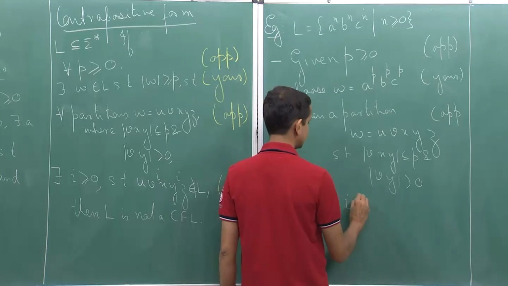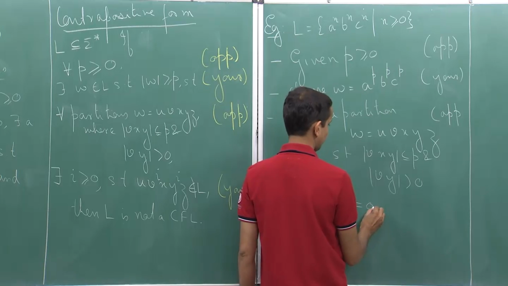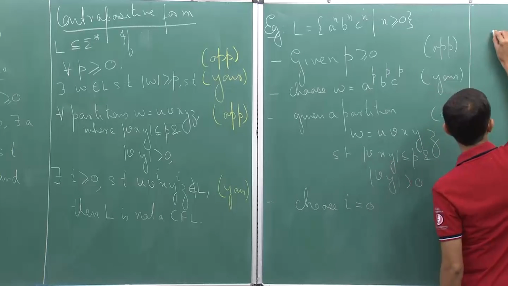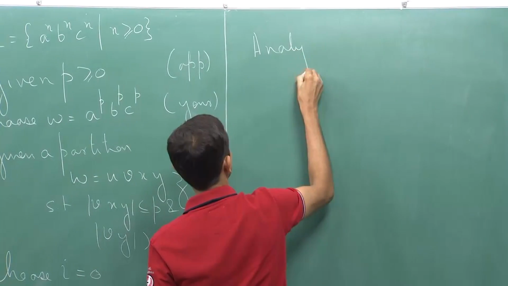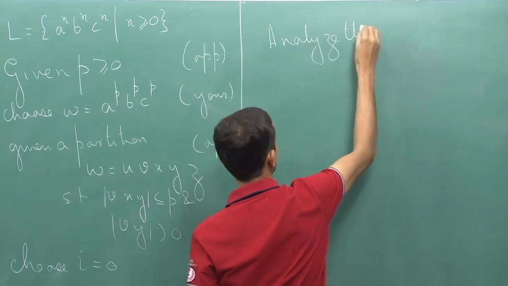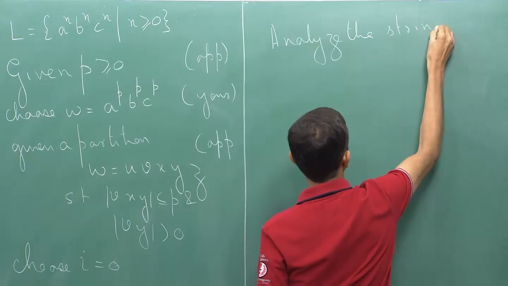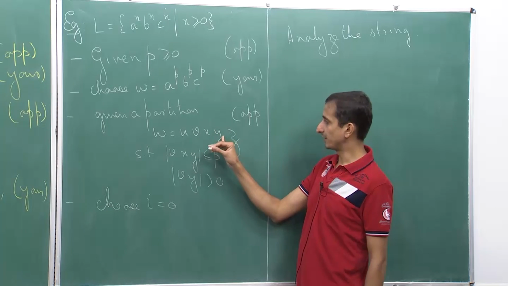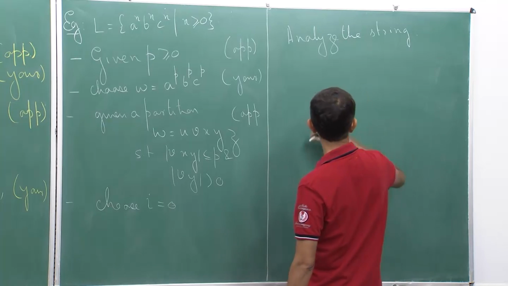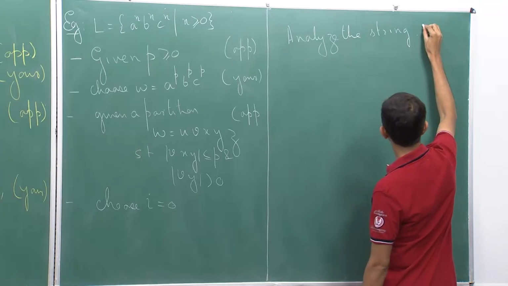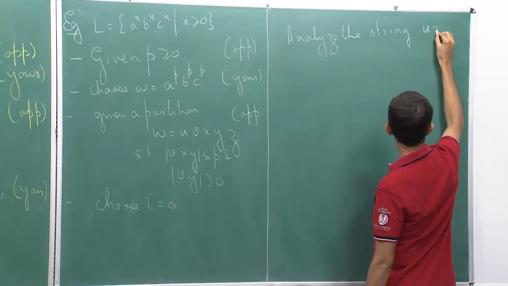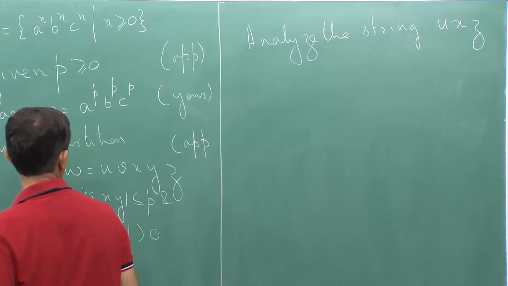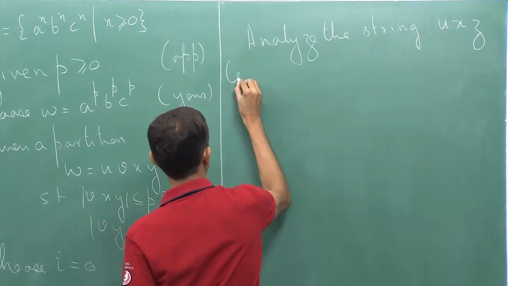What we will do is we will choose i equal to 0, and analyze the string u, v to the power 0, x, y to the power 0, z. Another way of writing that is u, x, z, because v and y are absent. So, what are the cases that can happen?